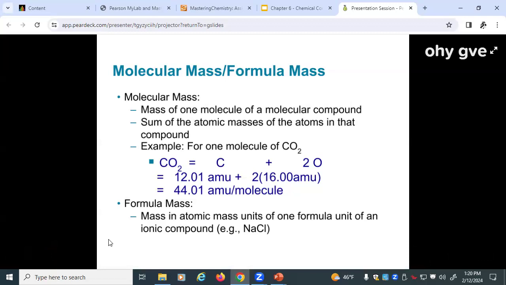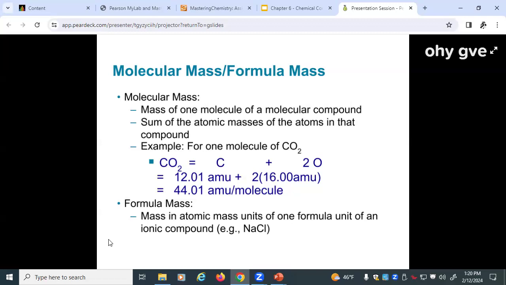This same logic can be applied to compounds as well. So if I'm trying to find the mass of a compound, whether that is a molecular compound or an ionic compound, the process is the same. That chemical formula tells me how many of each element there are, and all I need to do is add together those masses.